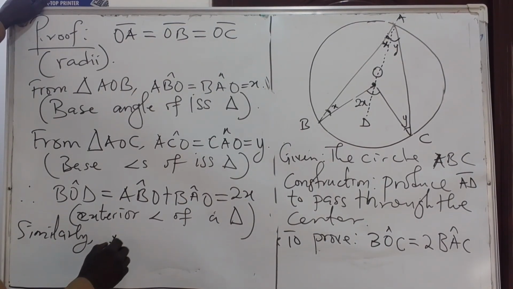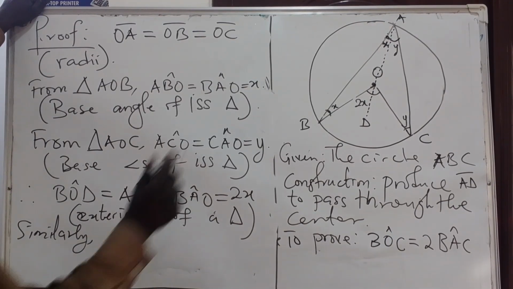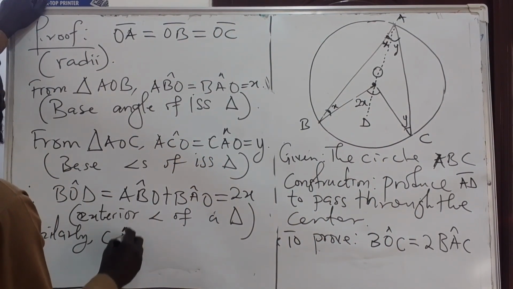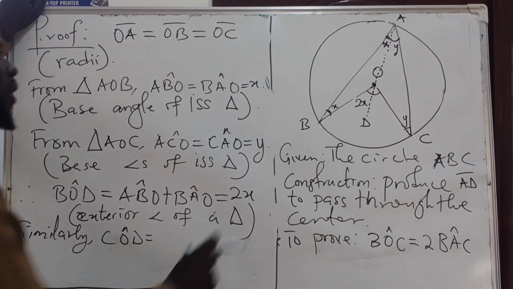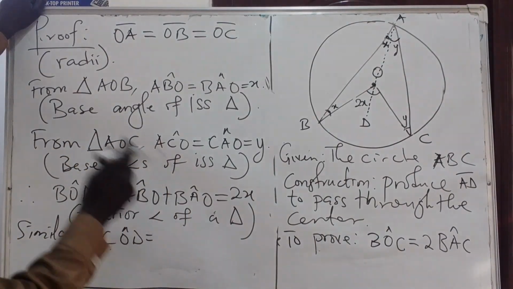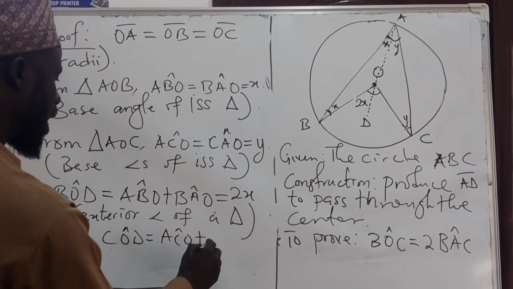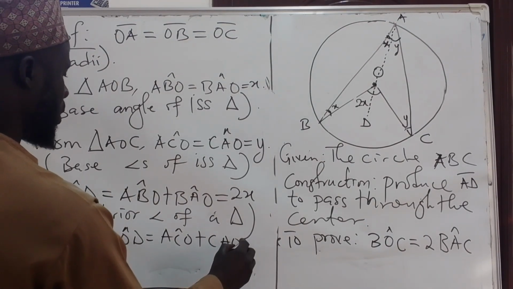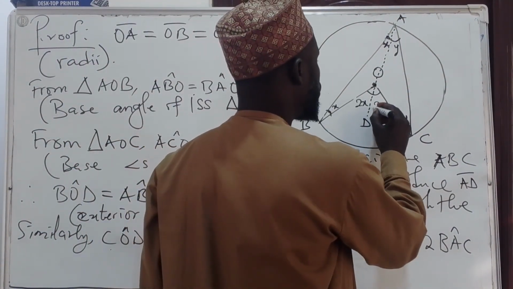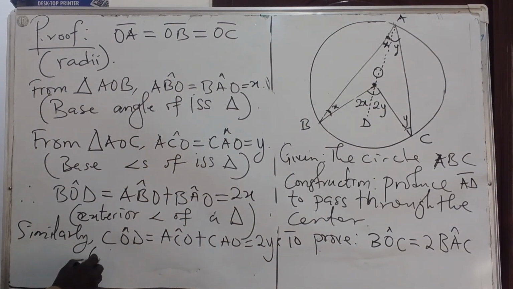On the other triangle, angle COD is equal to this angle plus this angle, that is, angle ACO plus angle CAO, but that is equal to 2y. So here is 2y. Same reason: exterior angle of a triangle.